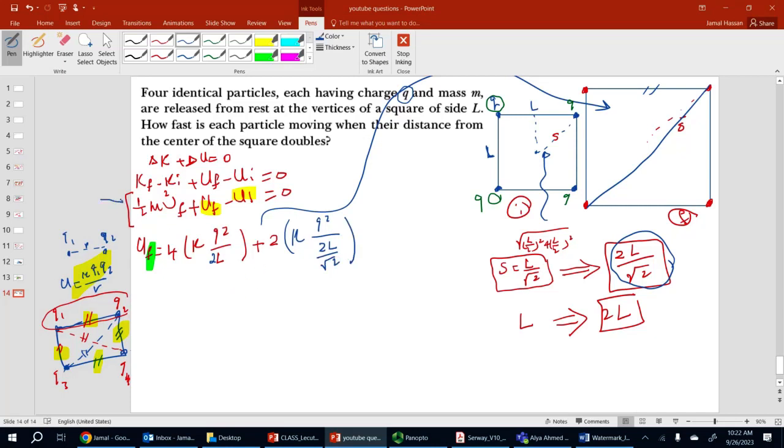This term, from the very beginning, we need to multiply by 4. Let's not forget this. Okay. U initial equal to, you repeat the same thing. We have 4 adjacent terms, so it is equal to K Q squared. Now we are dealing with the small rectangle, so the distance between adjacent terms is L, plus we have 2 diagonal terms, K Q squared.